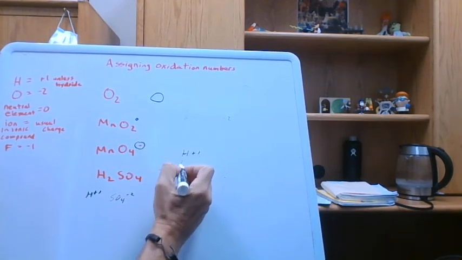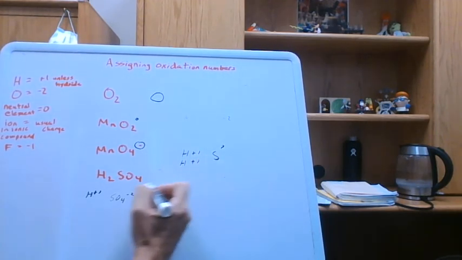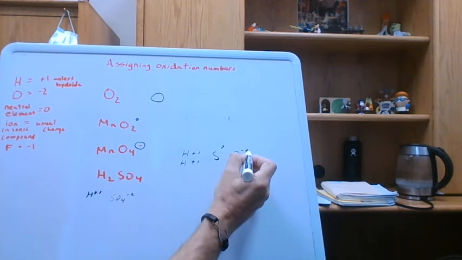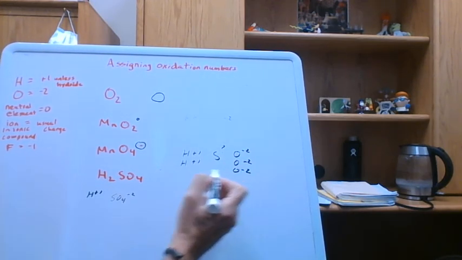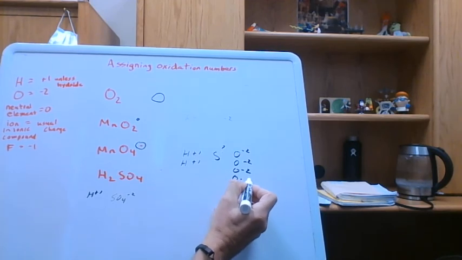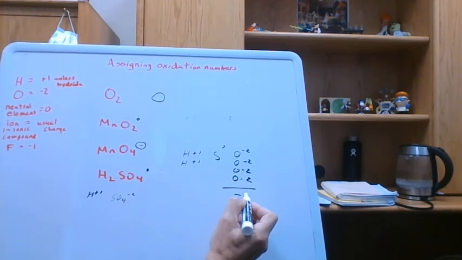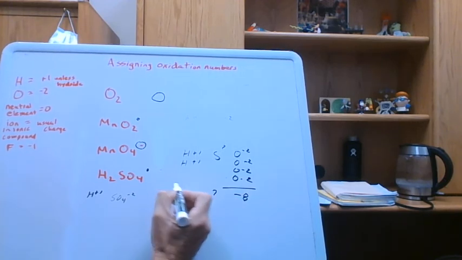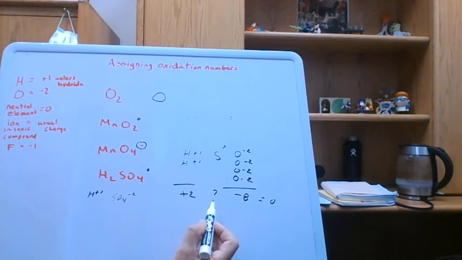So we have a hydrogen with a +1, a hydrogen with a +1, we have S with a question mark, and we have 4 oxygens with a -2, and we're trying to equal a 0 charge. So we have a -8, we have a question mark, and we have a +2, and this has to equal 0. So the only number that can go in here is a +6.